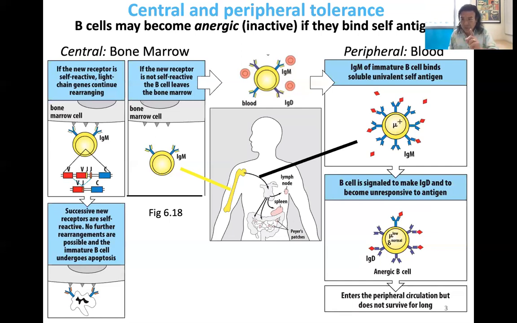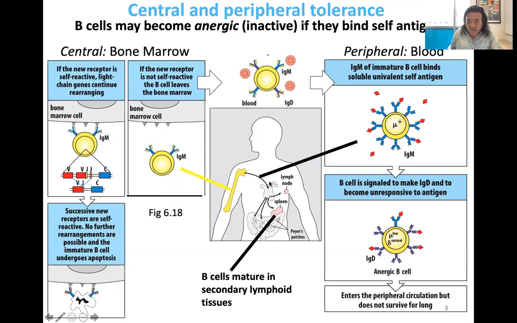All right, so that's important to think about. Once the immature B cell is formed in the bone marrow, it has to go through these critical tolerance training stages to make sure that it is not going to auto-react with the things that are normally in your body.